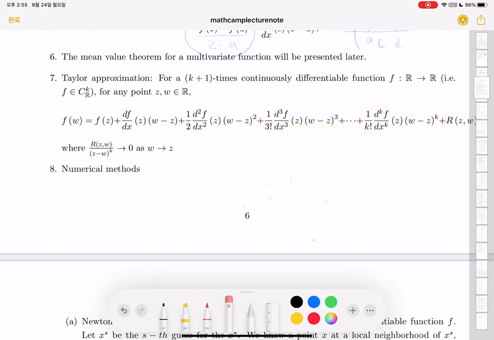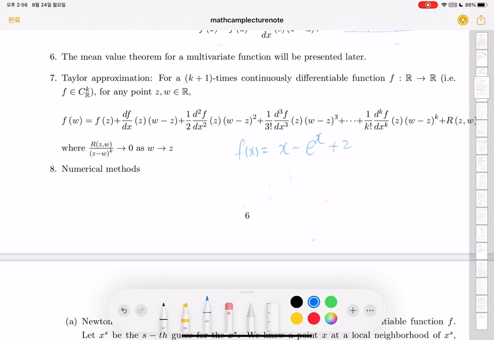For example, suppose your equation is this: f of x is x minus e to the power x, maybe plus 2.